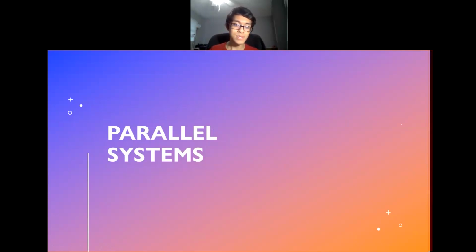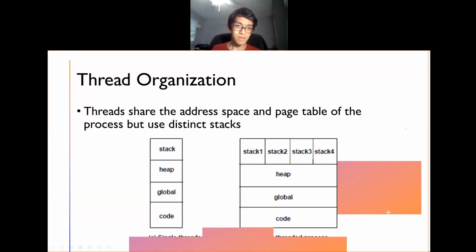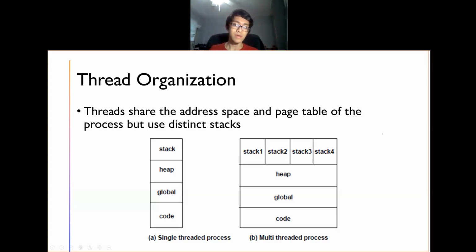Okay, parallel systems. Recall that threads share the same address space and the page table of the process to which they belong. Say for example process 1 has two threads, thread 1 and thread 2. Those two threads share the same code, the same global data, and the same heap space.